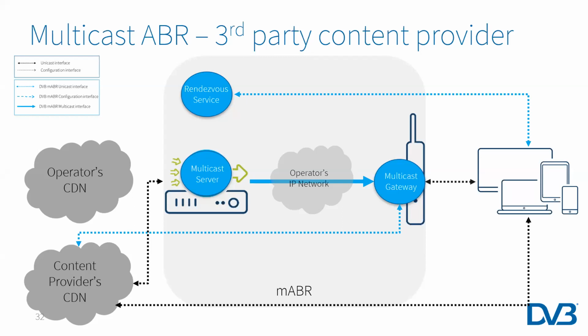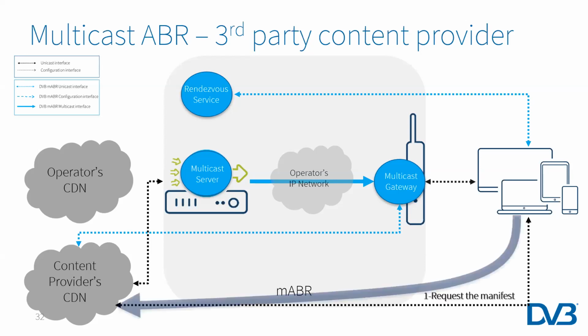So it opens the door to a new business model. The telecom operator that owns a multicast ABR service can perfectly open it as a business service. And assuming that there has been a peering agreement between the content provider and the telecom operator, then there is no problem for the content provider to operate multicast ABR too.